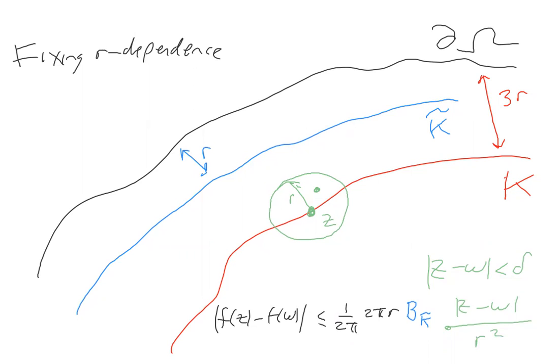We chose r initially. So we chose r, which is really a function of K, or if you want, a function of K and omega. So the whole point now is, if we want this to be less than epsilon, we just need |z minus w|, which is less than delta, to be small enough that the bound is less than epsilon.